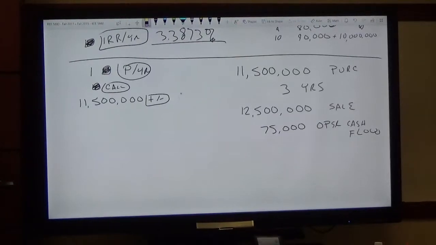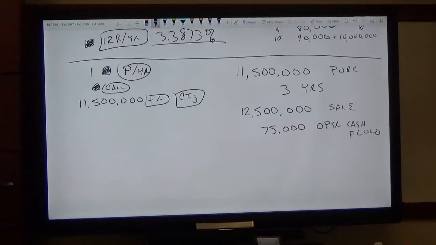So we enter the cash flow, then put in 75,000 as our operating cash flow. We can also use the shortcut because that occurs 3 times?